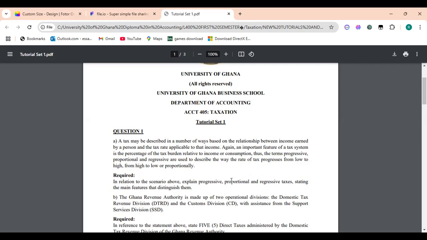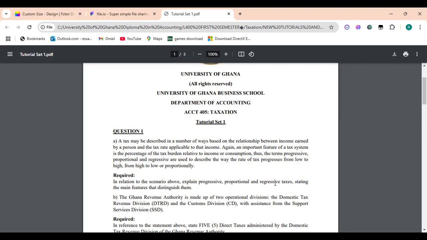So the distinguishing feature here is that for progressive, the tax rate increases when the income level increases, but for proportionate, the tax rate remains the same even when the income level increases or decreases. Then regressive taxes. For regressive taxes, as the income level increases, we pay a smaller proportion and percentage of our income as tax.